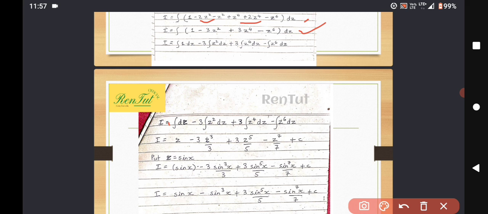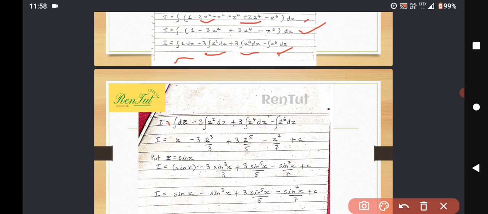So integration and dx will be multiplied with 1, and then this minus 3 will be taken outside the integration sign, and inside the integration would be z square dz. Then 3 would be outside, 3 is a constant, and inside would be integration of z raised to 4 dz, and lastly we have integration of minus z raised to 6 dz.